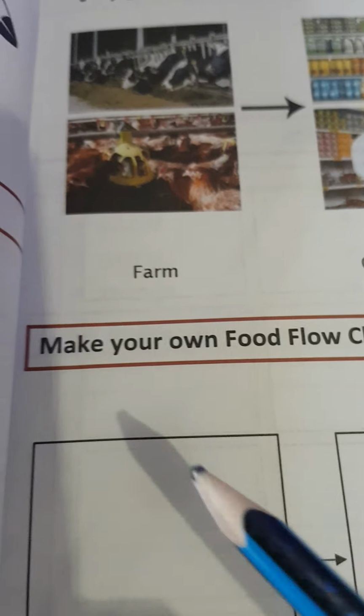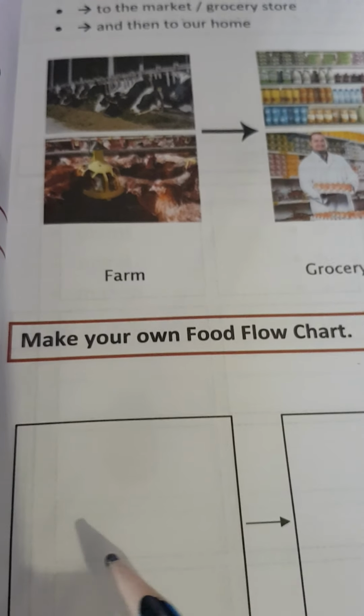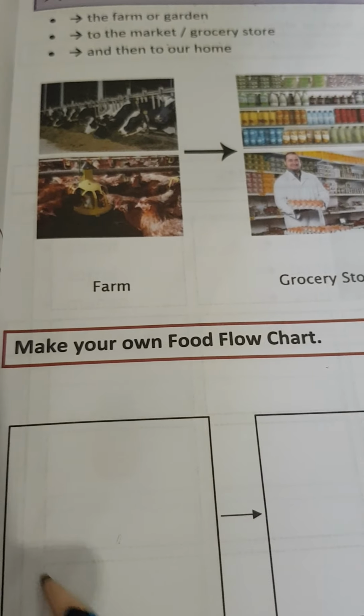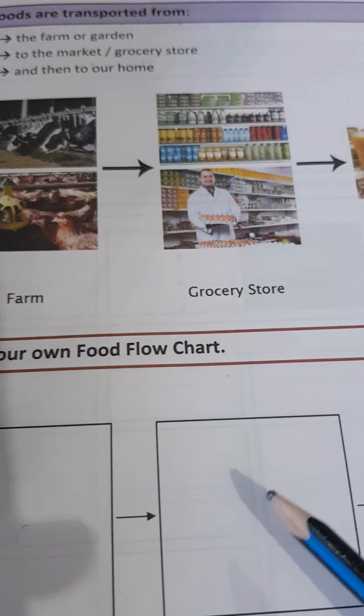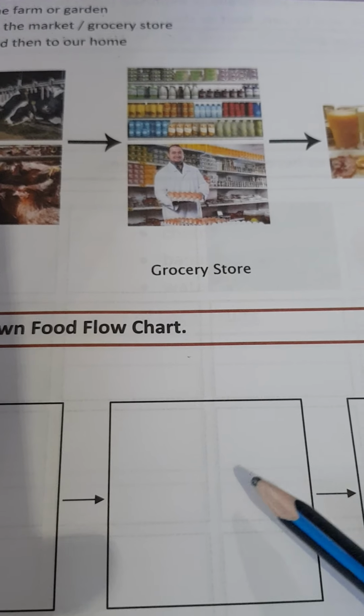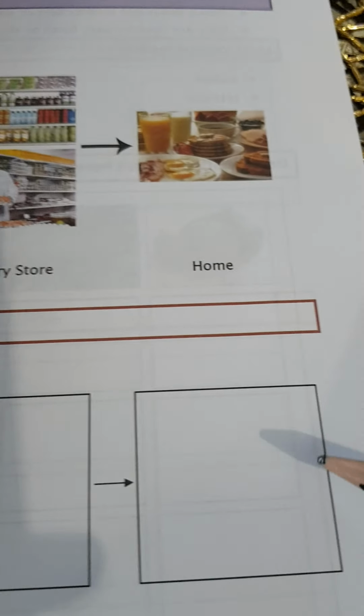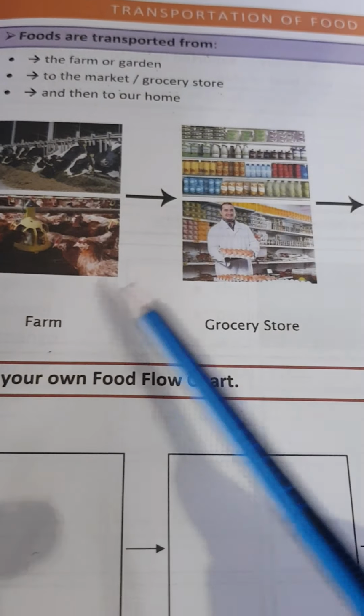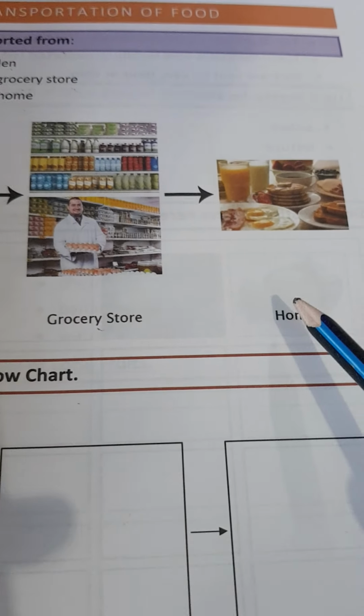Now you're going to make your own flow chart. So if it comes from the garden, you're going to show us some vegetables in the garden, then it's going to go to the grocery store or even the market, and then you're going to show me it in your home because it comes from the farm, then to the grocery store, then to the home.